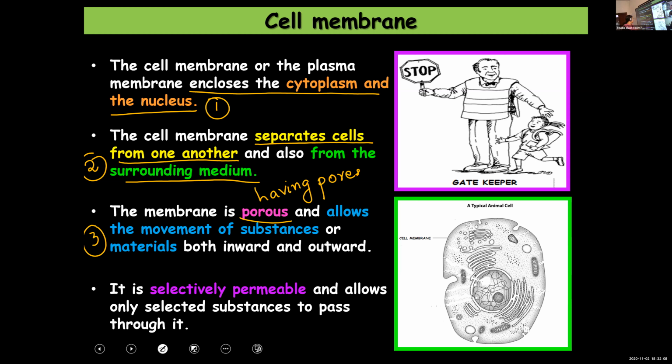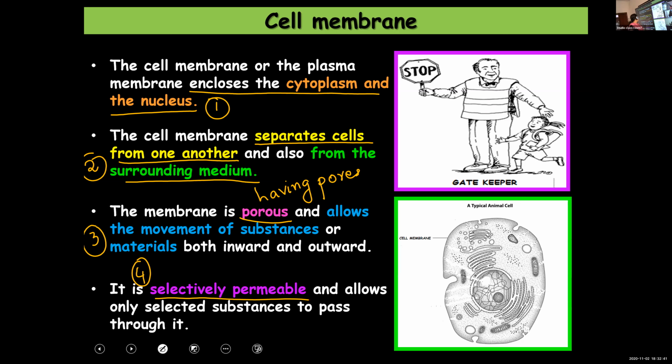Now, point number 4, a very important point. It's selectively permeable. It means it will allow only selected substances. It will decide who should go in, who should not go out, which material should go in, which material should not go in. All that is decided by the plasma membrane. All materials cannot pass through the plasma membrane. It's selectively permeable and it will allow only selected substances to pass through it.